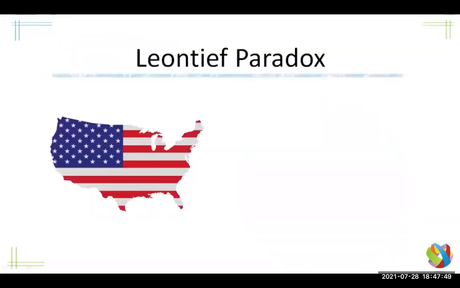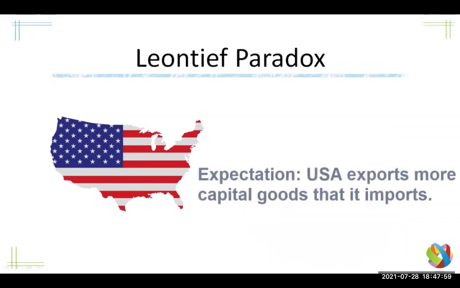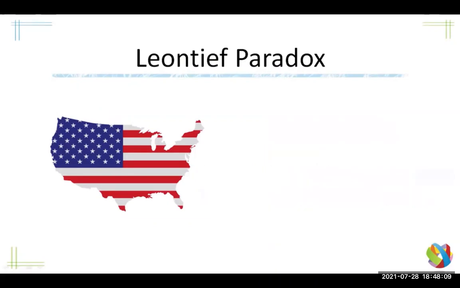But then, in the 1950s, came the work of Wassily Leontief. He had a look at American trade and American imports and exports, and he had expected to find that America would export more goods that were capital intensive than it imported from other countries.